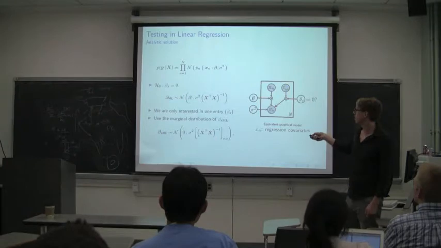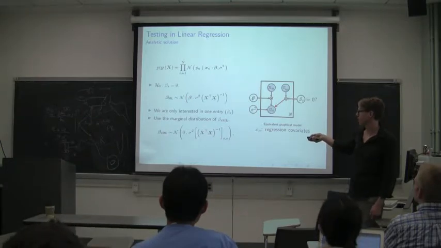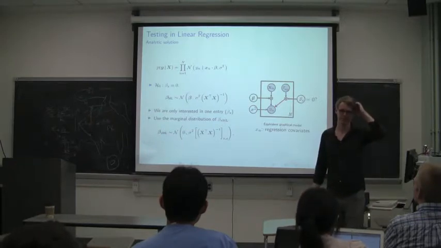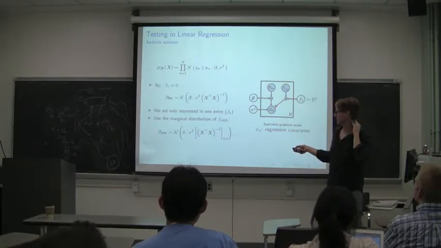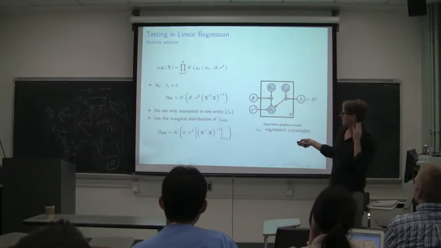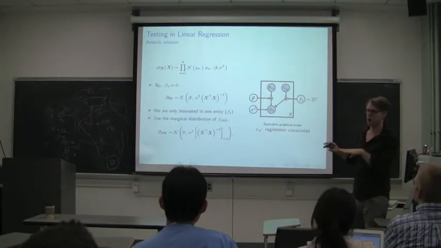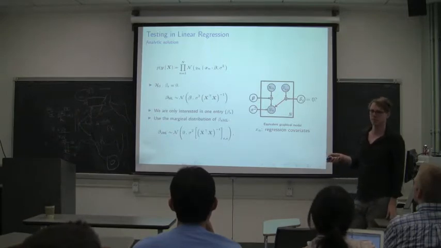And out of the whole covariance matrix, we now just pull out the diagonal entry which corresponds to the variance of that beta s. Now we have got, for this one entry, under the null hypothesis, a normal distribution which has its mean and its variance. We're not interested in all the other entries, so we marginalize them out. And this is the marginal distribution.